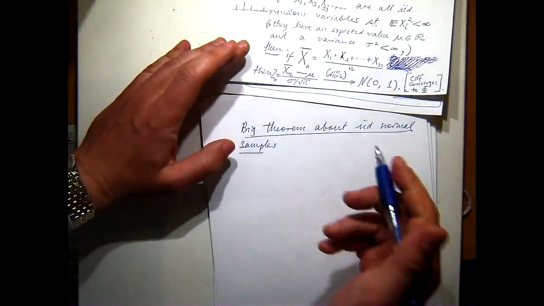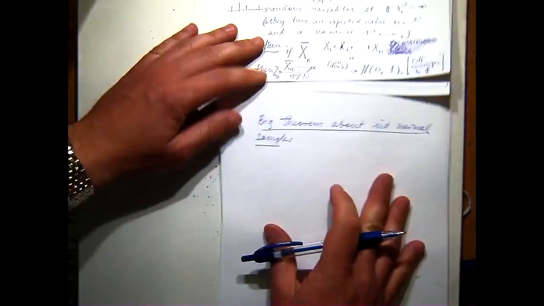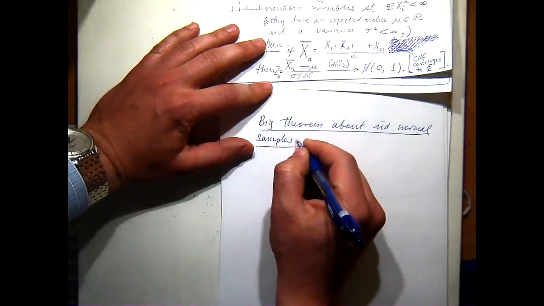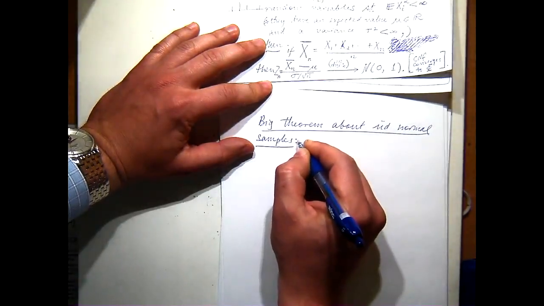If you're not normal, you don't have the magic properties of normal that we've talked about. For instance, correlation 0 does not imply independence if you're not normal, so you don't have those good properties. So we're now going to just assume that you're in the normal case, and we'll have the best results there, and then we'll later relax that a little bit.